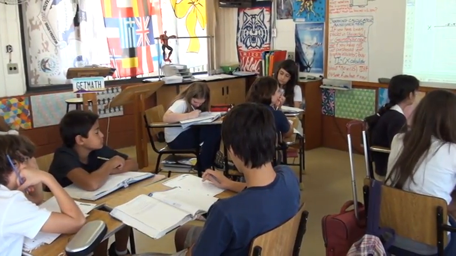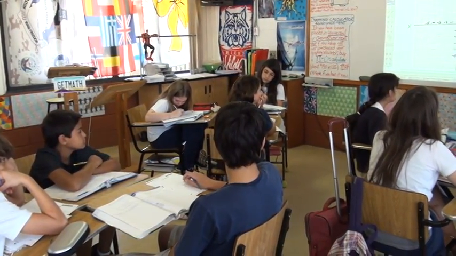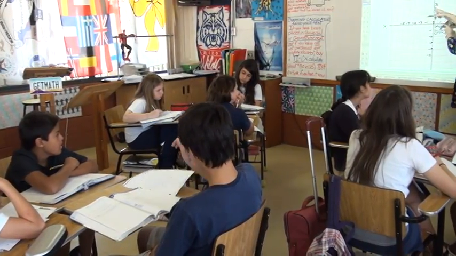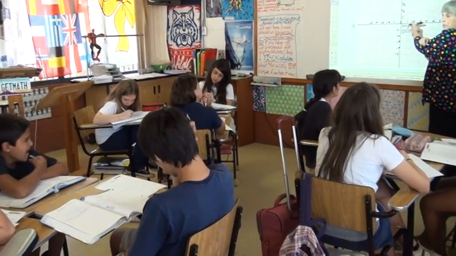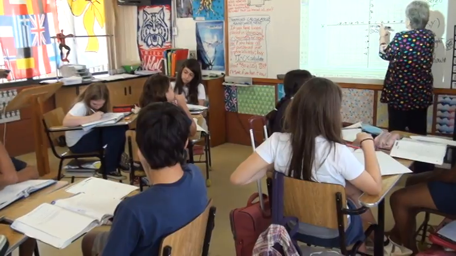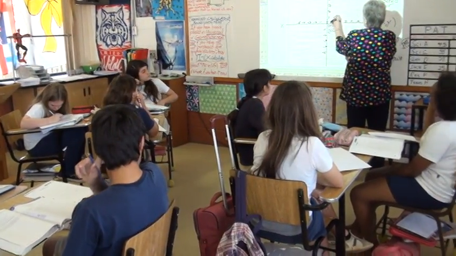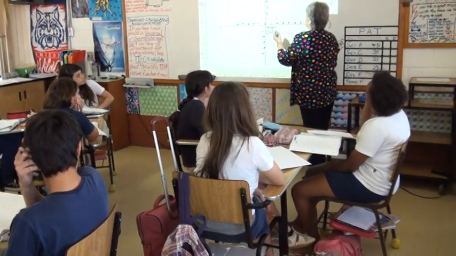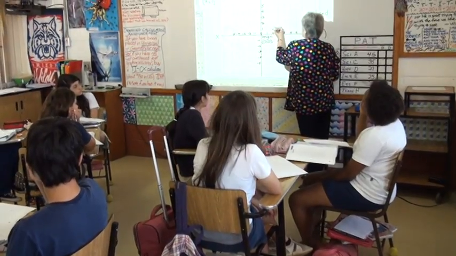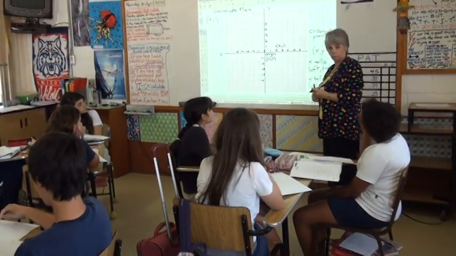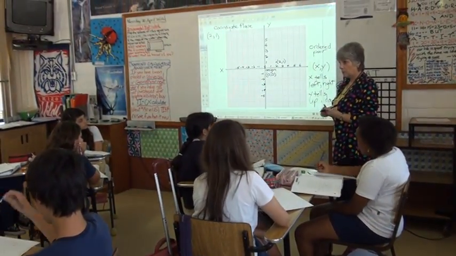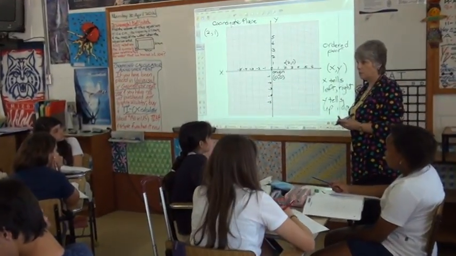So I'm going to go to +2, and here I am on +2, and then my y-coordinate says go up 1. So I'm going to go over 2, up 1, and there's my point. (2, 1). Does that make sense? Yes. Anybody have any questions?